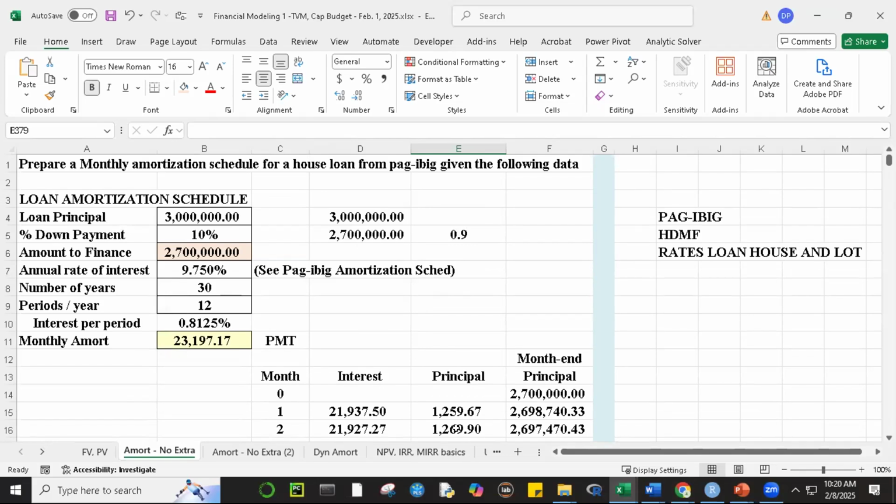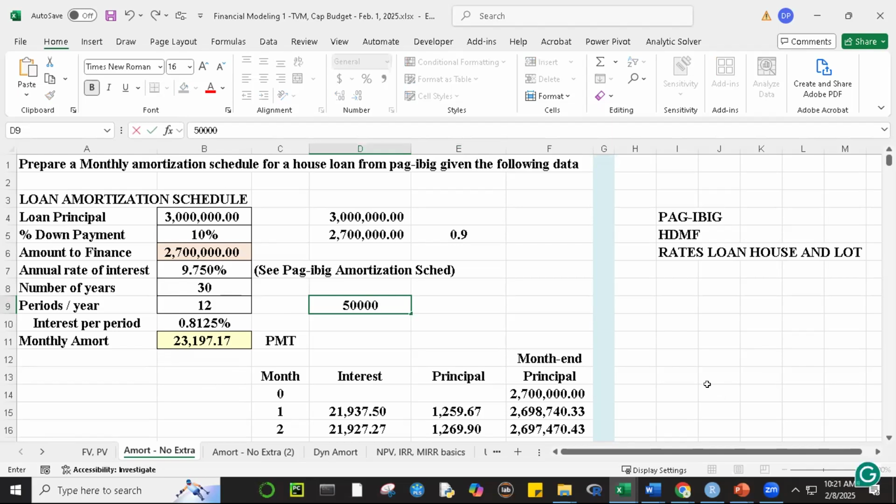Because if you don't do that, if you just pay sa mga bayad centers, then the amount that you paid would be considered just an ordinary amortization. So the 50,000 there will be subjected to the same interest rate, 50,000 times 0.8125.